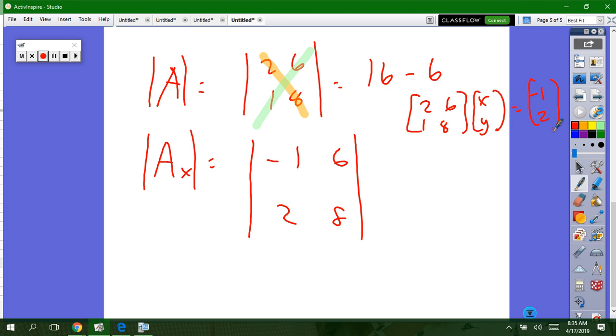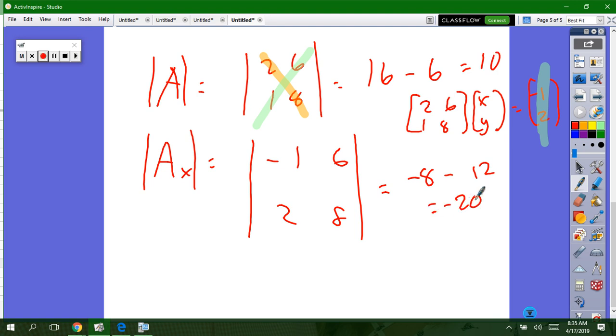I'm putting the solutions in for the x column instead of what the x's were. Okay. Now let's find the determinant. What is it? Negative 8 minus 12. What is negative 8 minus 12?